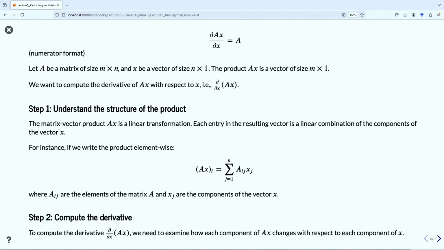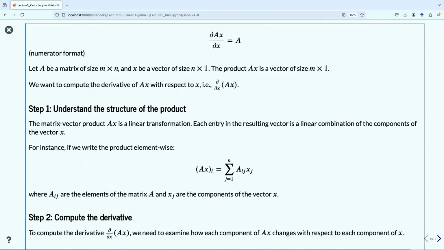But a way to think about this is that the product Ax is a linear transformation, and each entry in the resulting vector is a linear combination of the components of x. When we multiply Ax together, we get a vector.